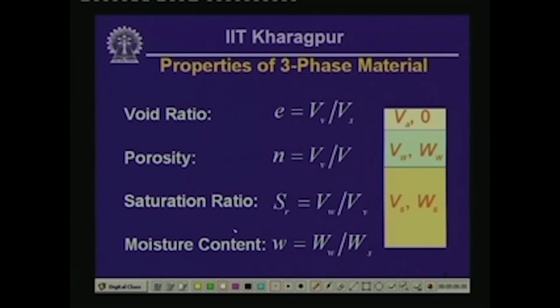Then saturation ratio is the volume of the water phase divided by the total volume of voids. Then moisture content is the weight of the water or the liquid phase divided by the weight of the soil solids. So, these are the four introductory definitions.